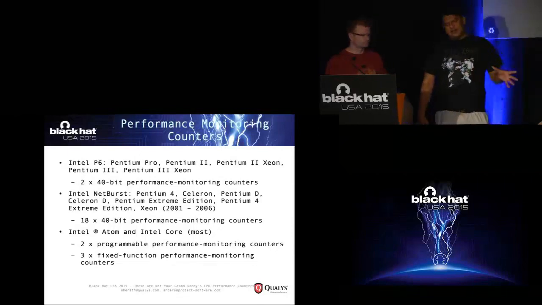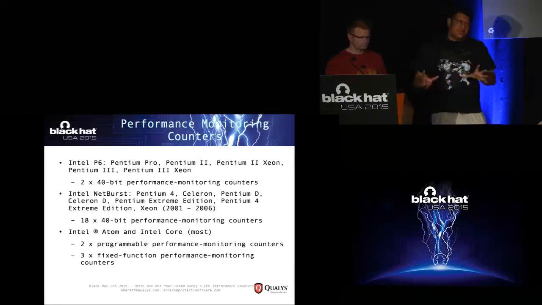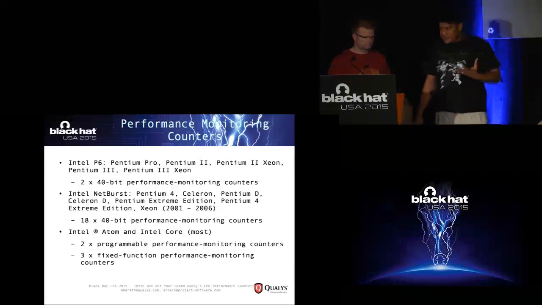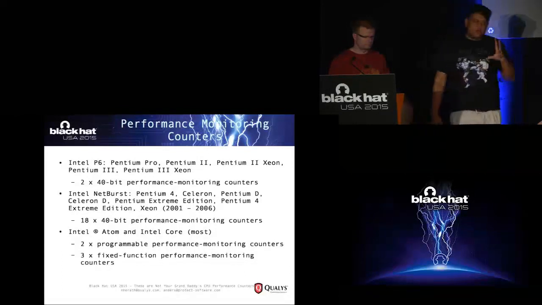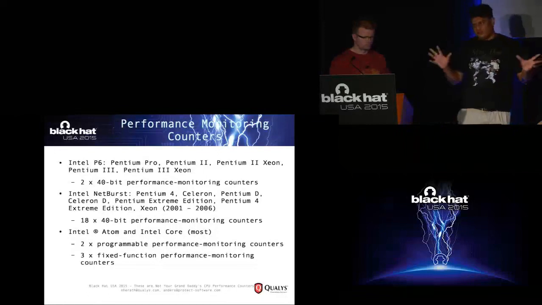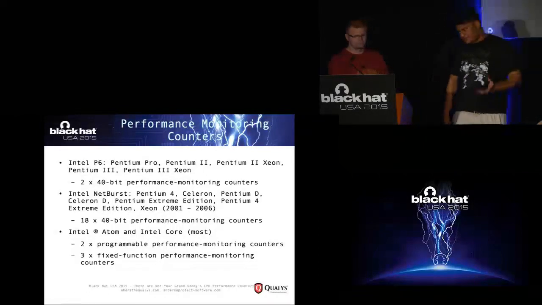And then at some point, Intel basically changed to have fixed function and programmable function PMCs as well. Now on the Atom, you get 2 programmable PMCs, which basically can be programmed to monitor different performance events. And you get 3 fixed function counters.